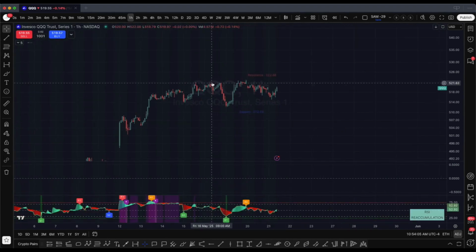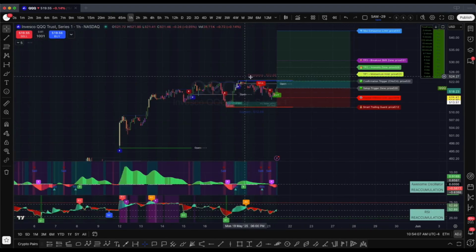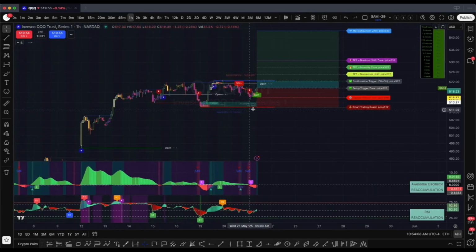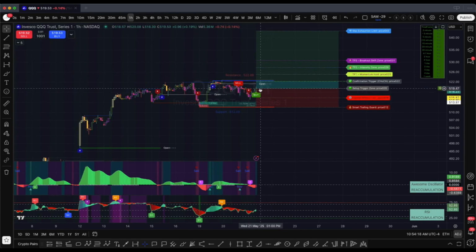So this is the resistance zone, and this is the support zone. If it can't move up to the price zone I mentioned, like going to 35 for example to fill this structure, then if it can't break through like that, it's likely that we're still in a bear trend.